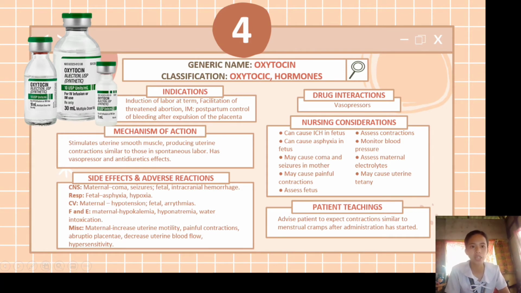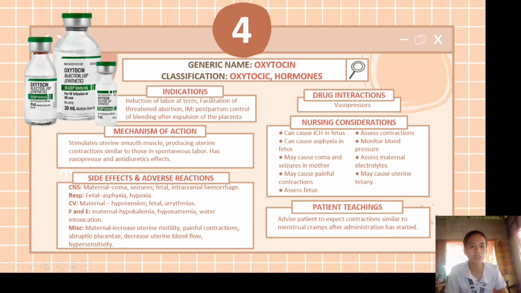Fluids and electrolytes: maternal hypokalemia, hyperthermia, water intoxication. Side effects to the maternal system: increased uterine motility, painful contractions, abruptio placentae, decreased uterine blood flow, and hypersensitivity.